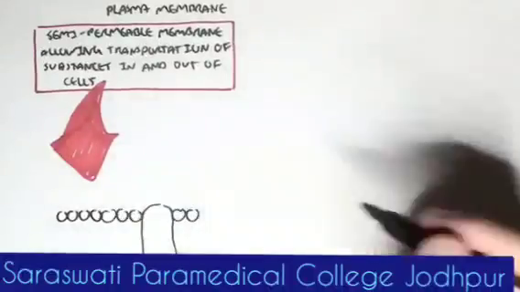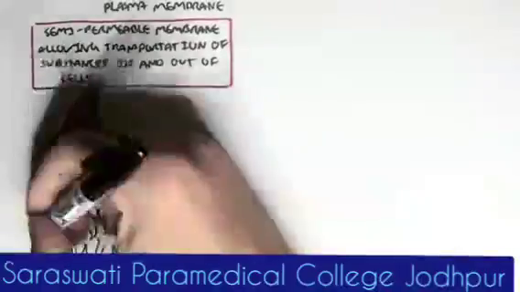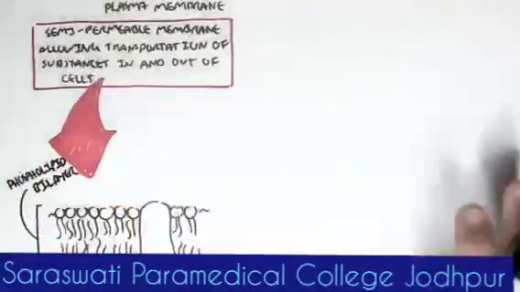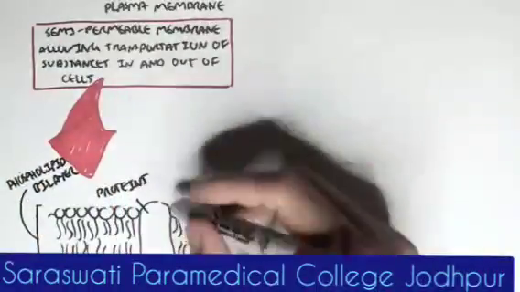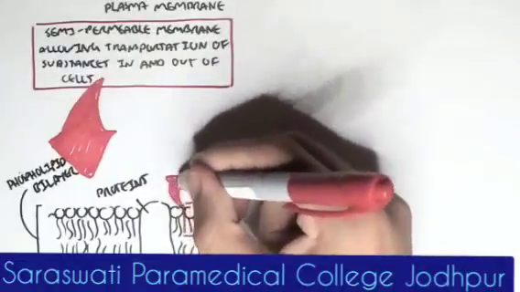In bacteria, the plasma membrane is also a phospholipid bilayer and contains proteins as well within the membrane. The phospholipid bilayer is made up of molecules known as phospholipids.